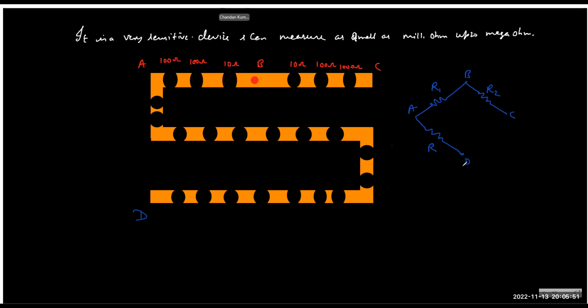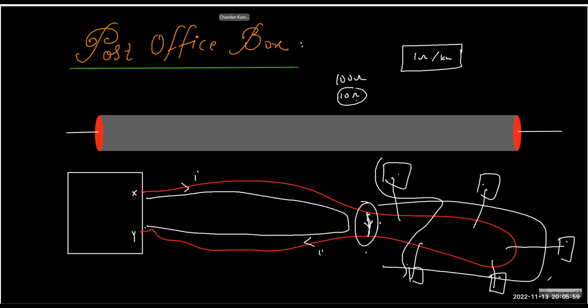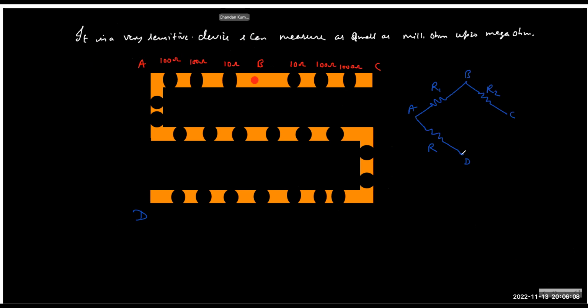This is called R. So which points are left? C and D, right? This C and D will get connected to something unknown, and this unknown will be represented by the symbol X. Now to convert this into a balanced Wheatstone bridge, you need to supply some power.